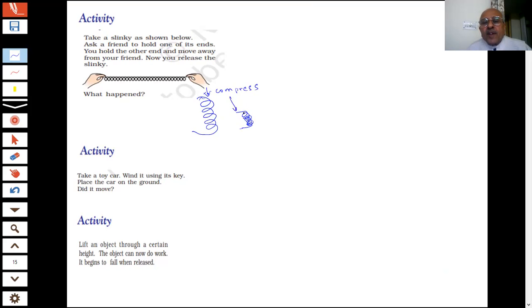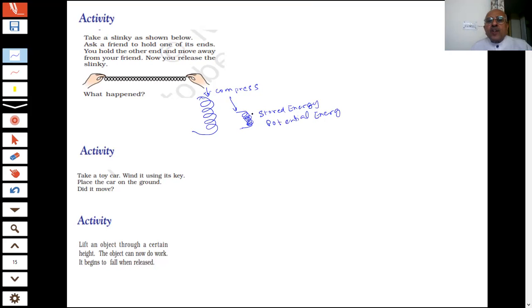Does this have energy stored in it now? Tell me. Has energy been stored when you compress this? Yes or no? This has now got stored energy. Which energy is this, student? Potential energy. As soon as you release it, it can come back. That spring can come back.